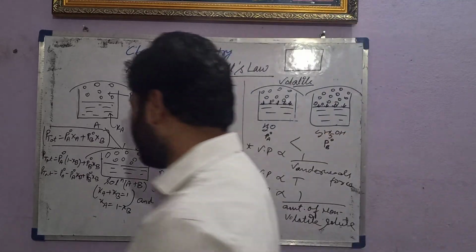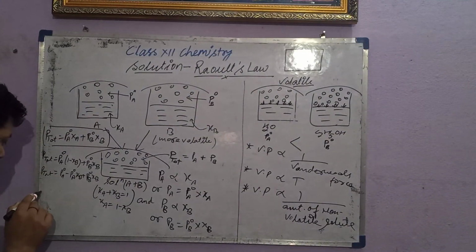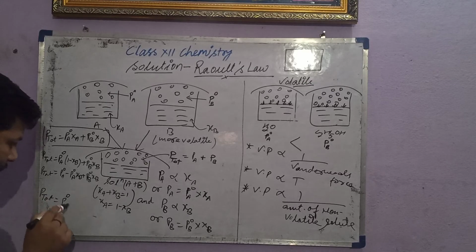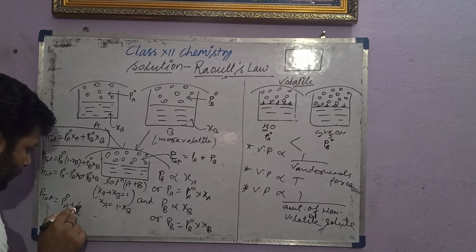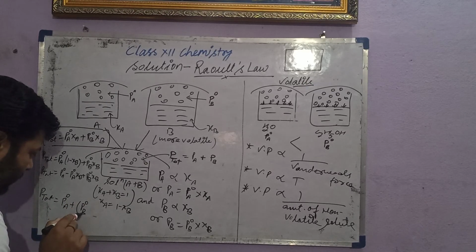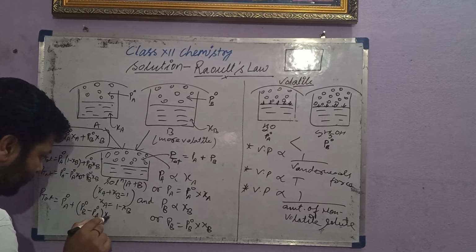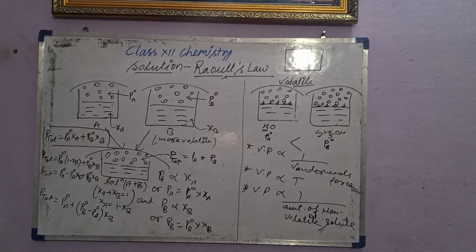The formula will be P total equal to P naught A plus (P naught B minus P naught A) XB, with XB taken as common.